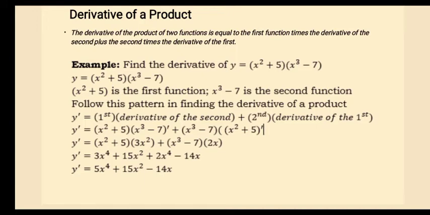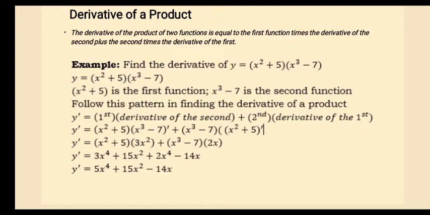So y prime is equal to x squared plus 5 multiplied to the derivative of x cubed minus 7, that is 3x squared, since 7 is a constant. Then the second term, that is x cubed minus 7 multiplied to the derivative of the first term, that is x squared plus 5 prime.